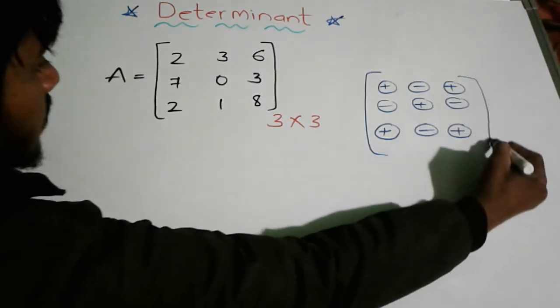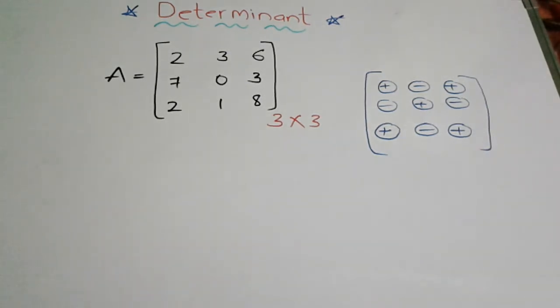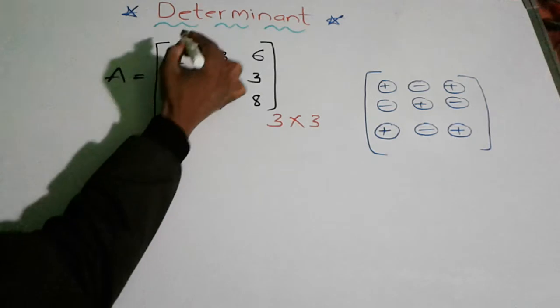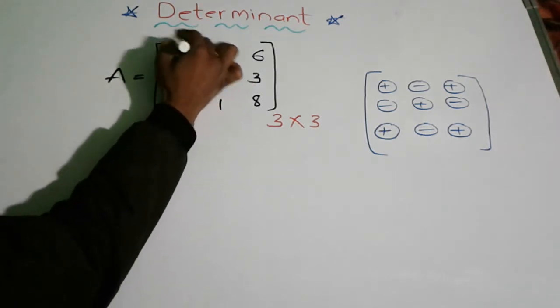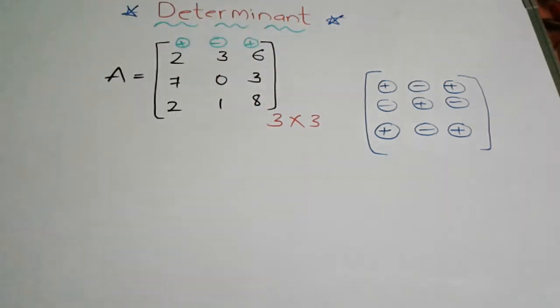This is the pattern which you have to remember to calculate the determinant of a 3 by 3 matrix. So let's find the determinant of the 3 by 3 matrix. Here we consider plus, minus and plus.